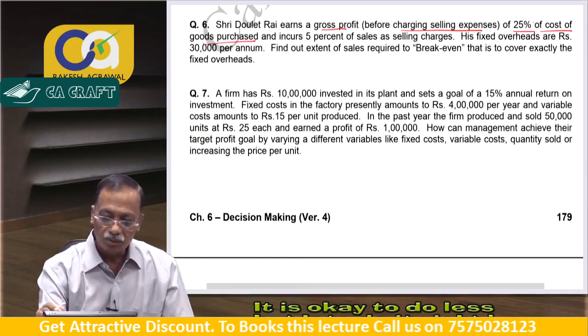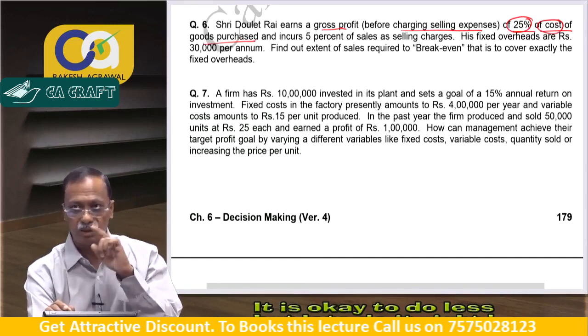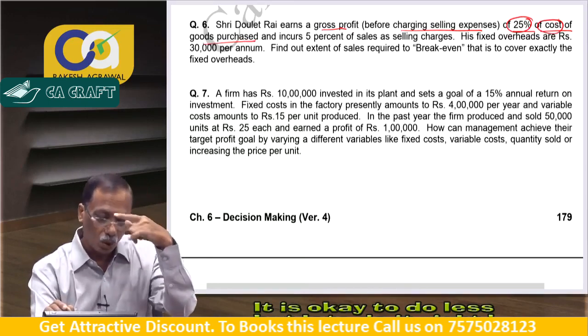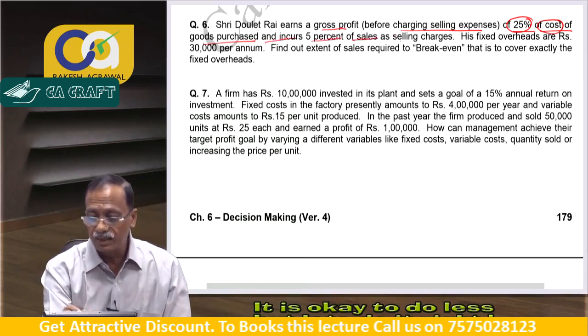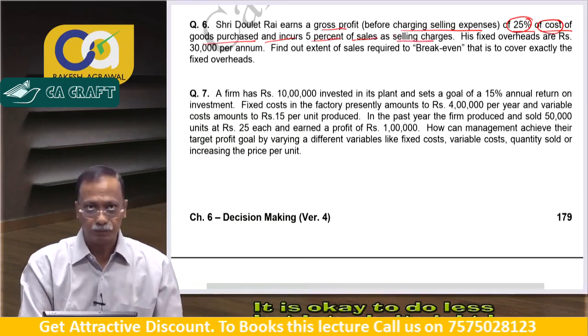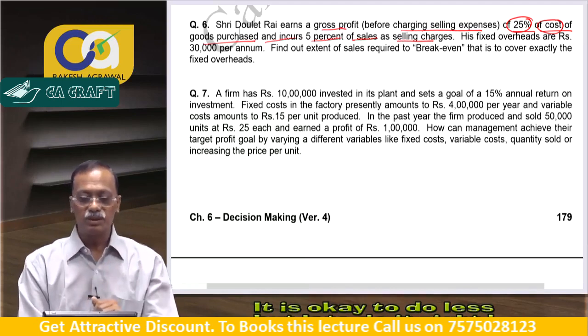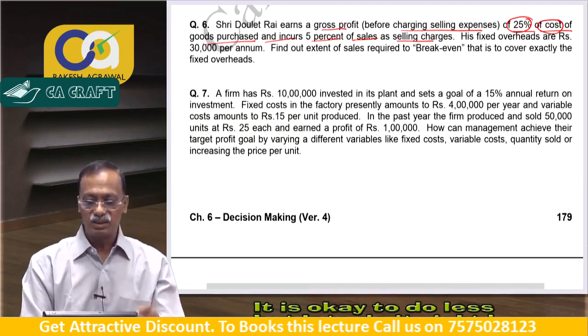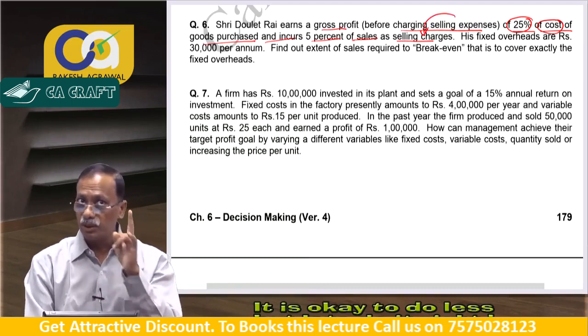Please remember this gross profit ratio of 25% is on cost. Generally we calculate gross profit ratio on sales, but here the gross profit ratio is given on cost, and he incurs 5% of sales as selling expenses. His gross profit is 25% of cost of goods purchased, but his selling charges, meaning selling expenses, are 5% of sales.